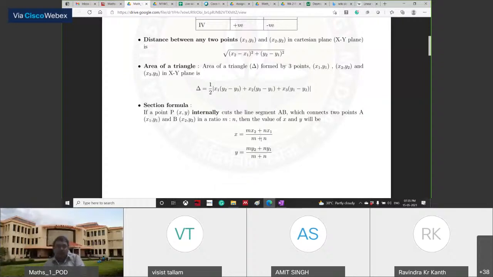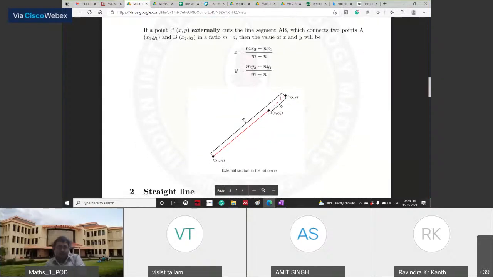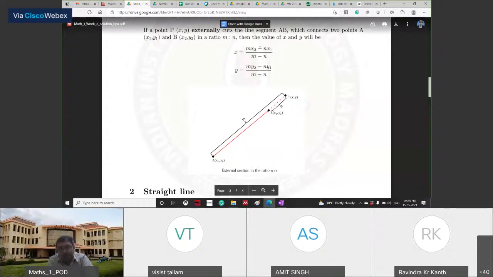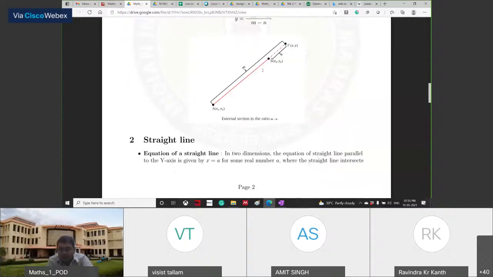Basically, all the signs are positive. For external section, the point is outside the line segment, and then the signs are all negative. So that is your internal section and external section.